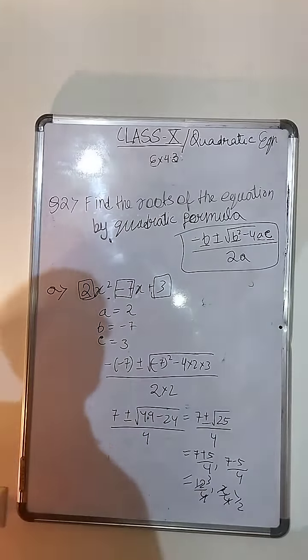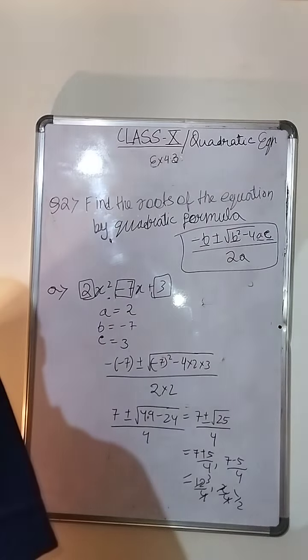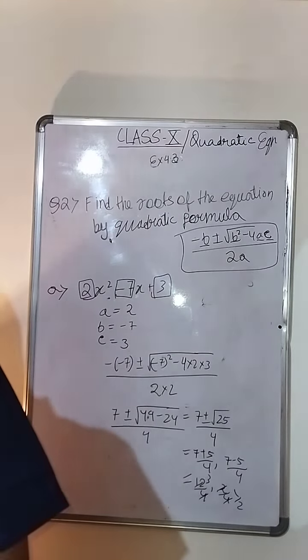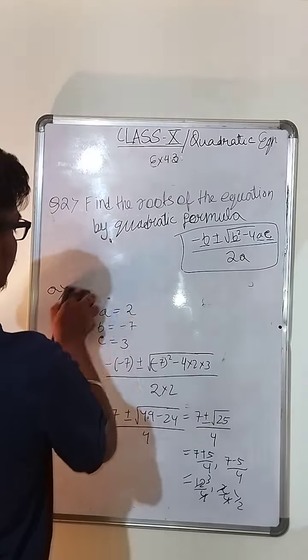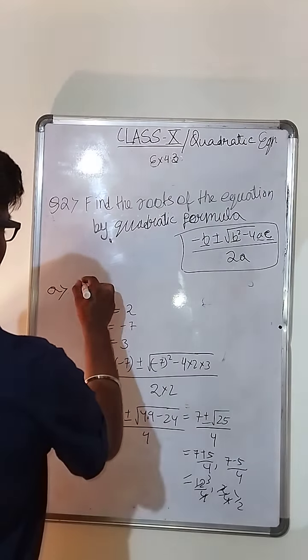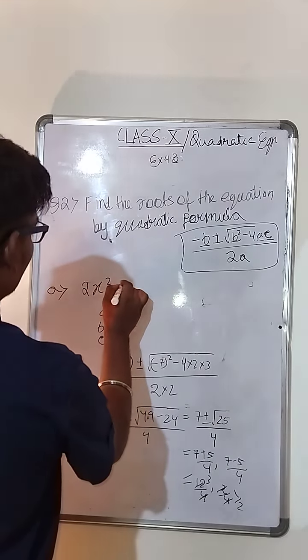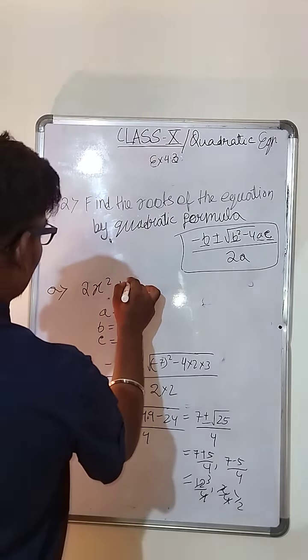Okay, so now let's take the next question. What it will be? 2x square plus x plus 4 equal to 0.